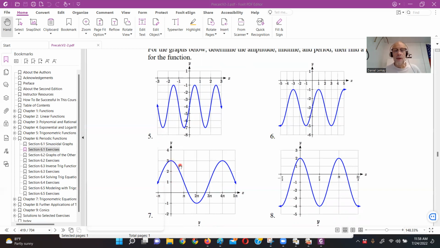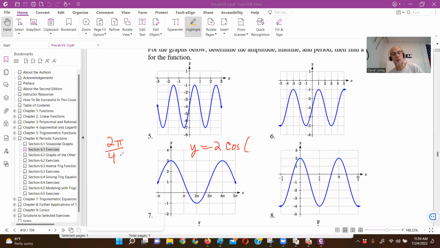So what I would do is, what's the period? 4 pi. So 2 pi over 4 pi is 1/2. So for this one, I would say y equals positive 2 cosine of, remember, 2 pi over the period is b.